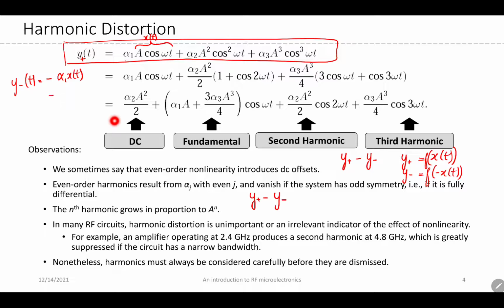And plus alpha 2 xt squared, right? Because the square would make that plus, again, minus alpha 3 xt cube, right? So if you subtract the two, you'll see that these terms will cancel out.